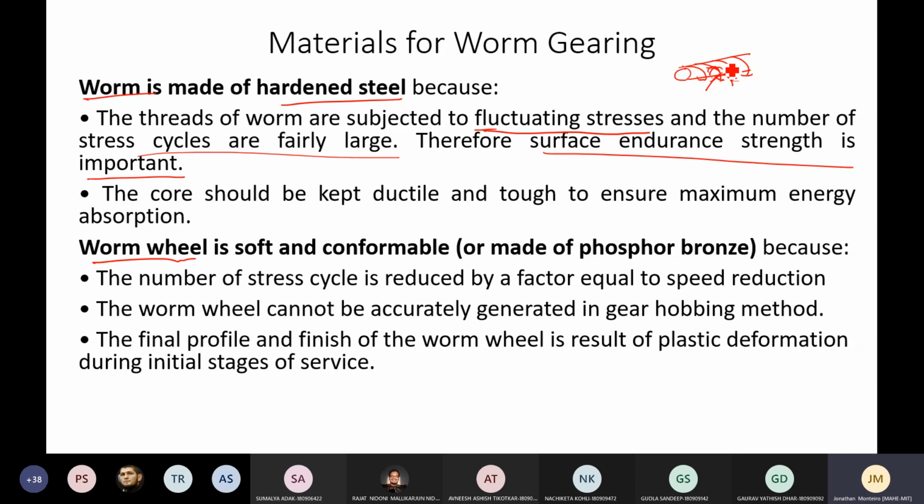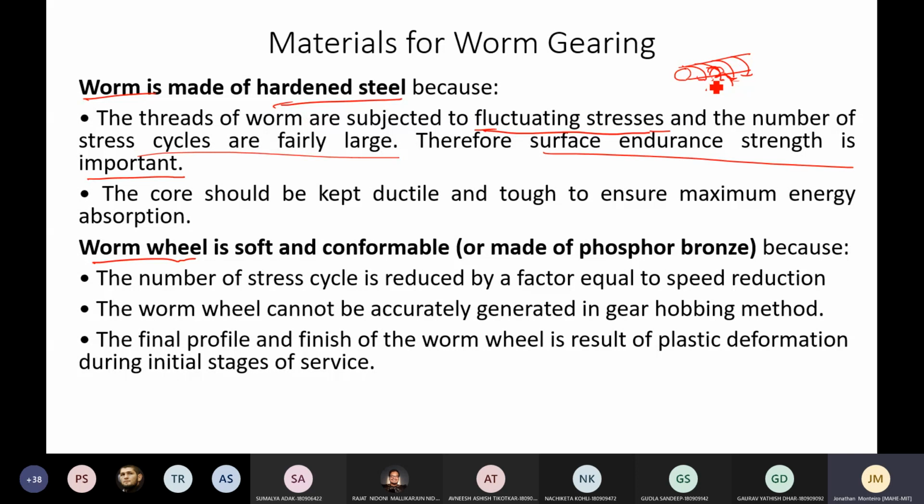So because of this fluctuation, when once it is highly loaded, once it is not loaded at all, once it is highly loaded, once it is not loaded at all. So due to this, the thread forms are subjected to high fluctuating stresses. Therefore, the surface endurance strength becomes highly important, and that is why we go for a hardened steel.